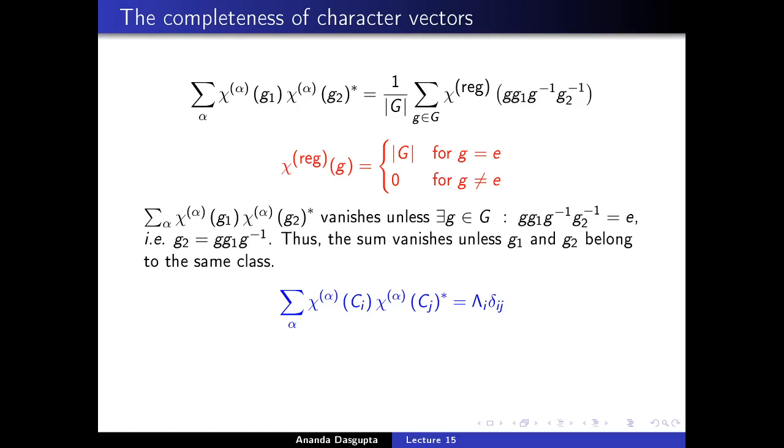For example, you could argue along these lines. If g g1 g inverse and g prime g1 g prime inverse both were equal to g2, then it would follow that g inverse g prime commutes with g1.